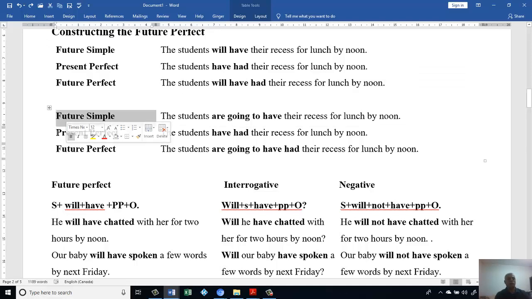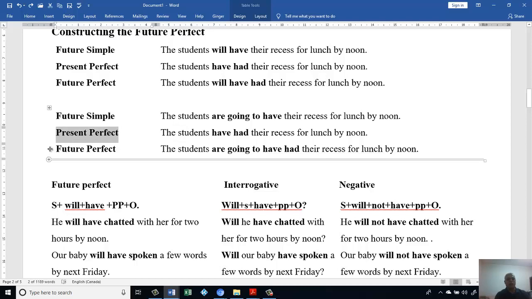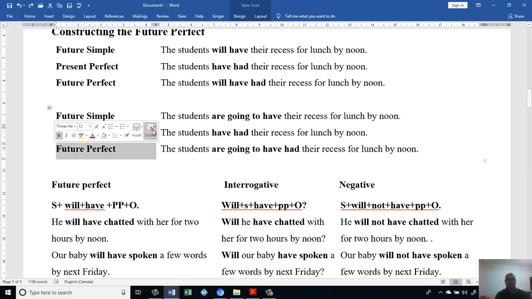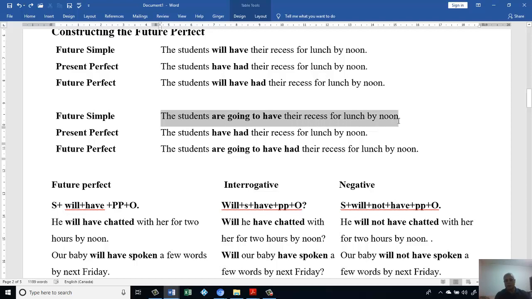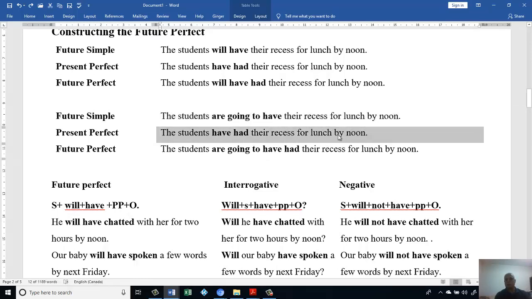Future simple, present perfect. Then we have to make it future perfect. Okay, let's do the first sentence. The students are going to have their races for lunch by noon. This is future simple. Then with the commitment, because every time we know the students have races for lunch, maybe at 12 o'clock, let's make it present perfect. The students have had their races for lunch by noon.